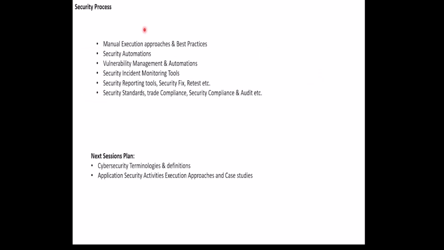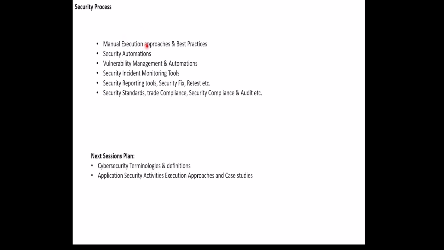Okay, security process. Once we identify the products, we need to define a process to execute the security activities: which tools we need to use and how we need to execute these activities. We can create the process for those aspects, and those details we can also see in this session.